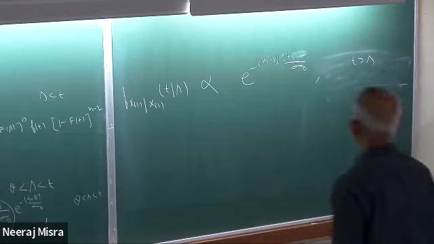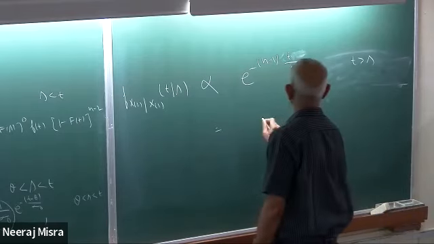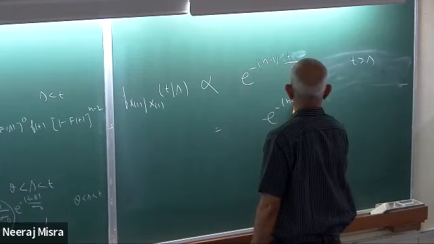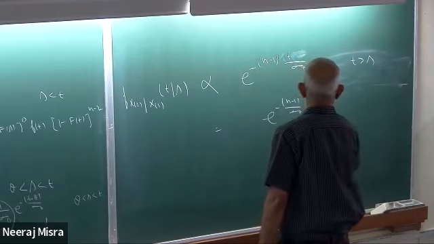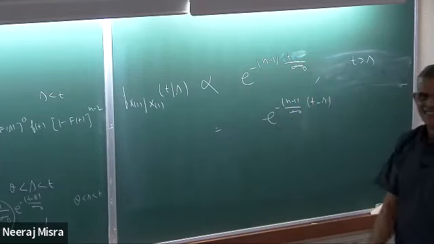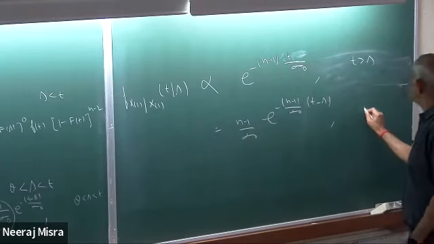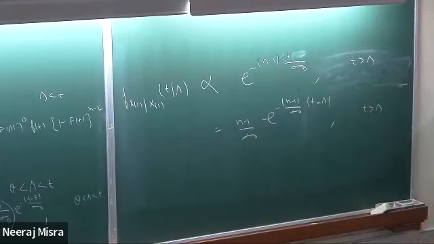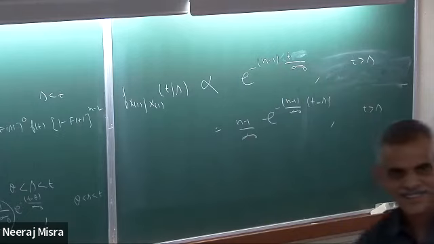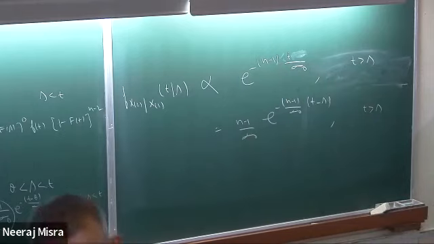Because t is bigger than S, it is going to be (n minus 1) by sigma naught times e to the power minus (n minus 1) by sigma naught, (t minus S). I did not calculate the marginal, right? Is that okay? Because that proportionality constant has to be there, nothing else.